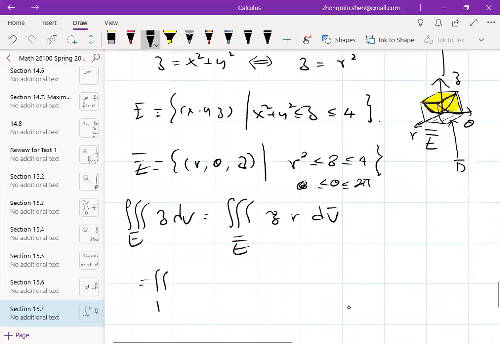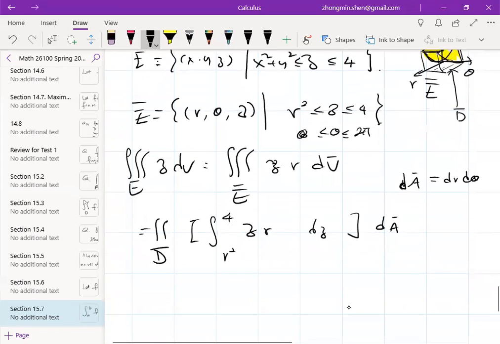Then this will be the double integral over D bar, and z is still z. Yeah, so dz is z r. z starts from r squared to 4, and the dA bar. Okay, dA bar is dr d theta.